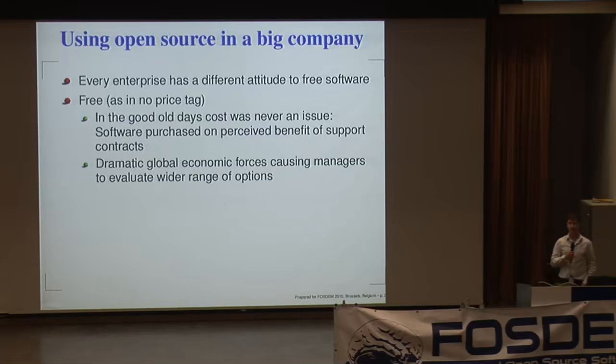These days, people are looking at a wider range of options. I don't think I need to go into the reasons behind that, but open source software is being looked at a lot more seriously, and where it provides a credible alternative, people have to look at it.